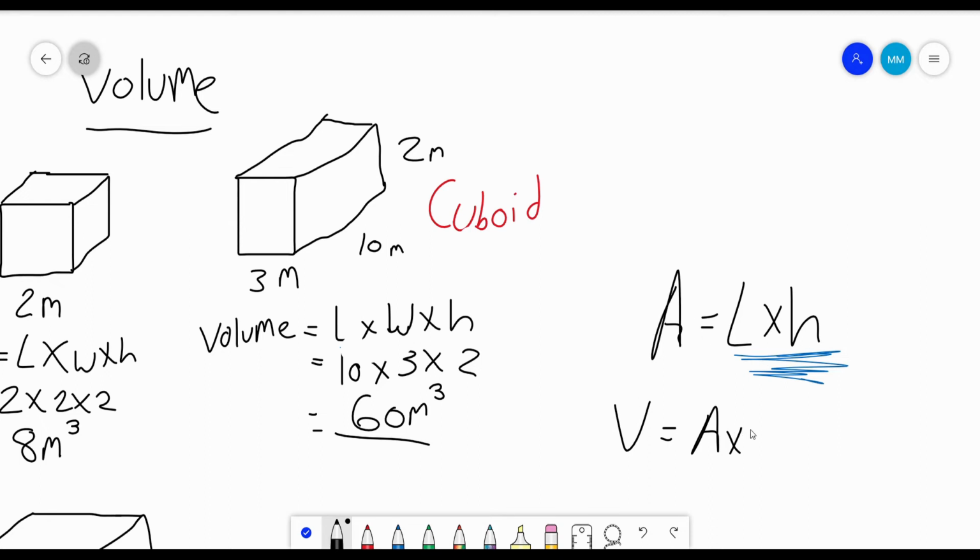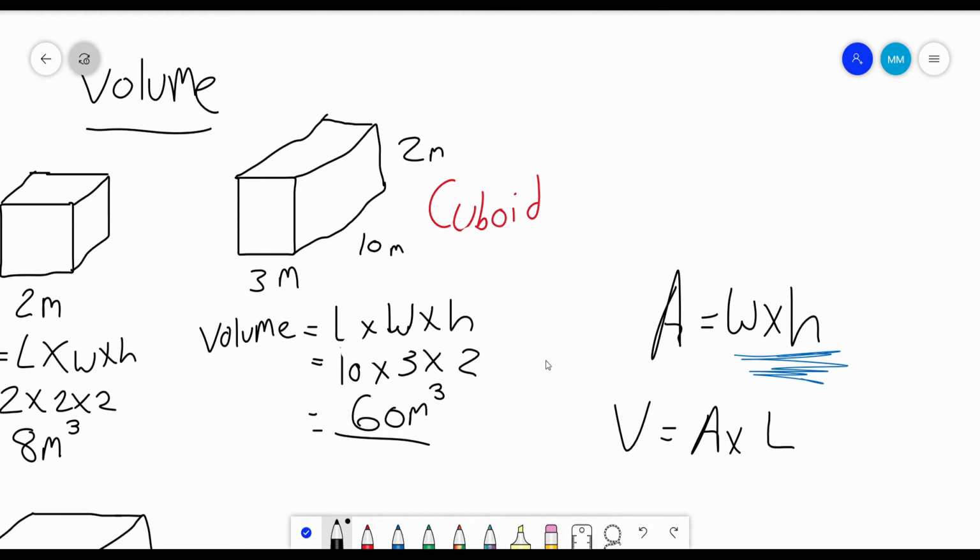So volume equals A times the length. Actually, no. Change that. That's a width, isn't it? It is the width of this volume.